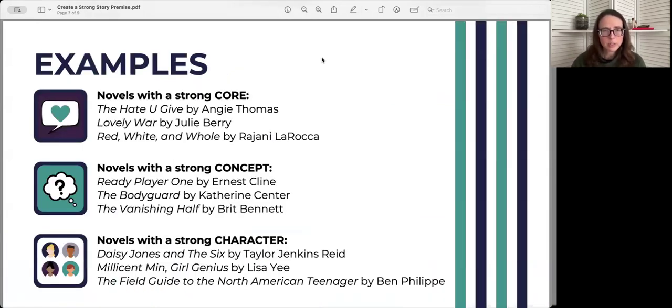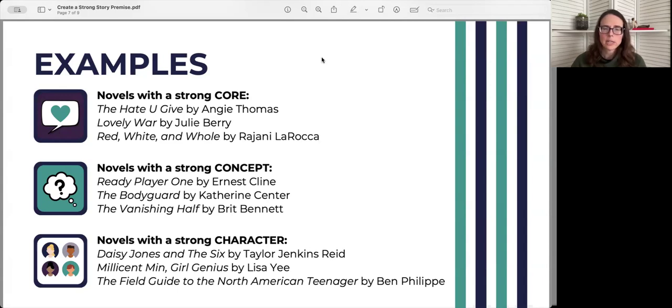So here are some examples of stories that have particularly strong aspects of one of these elements. Every novel is going to have all three elements as part of their story premise, but some novels do have a stronger weight in one of these three things, and these are all great books.